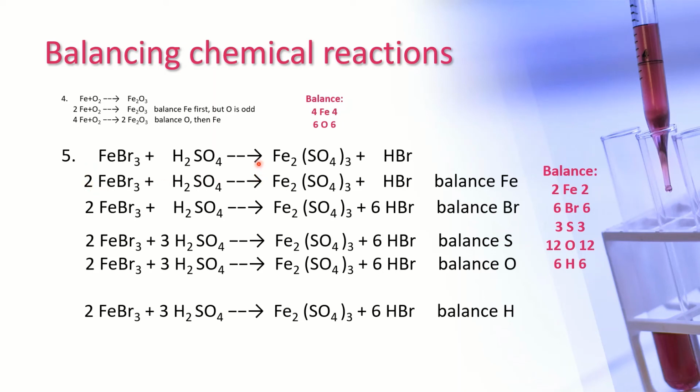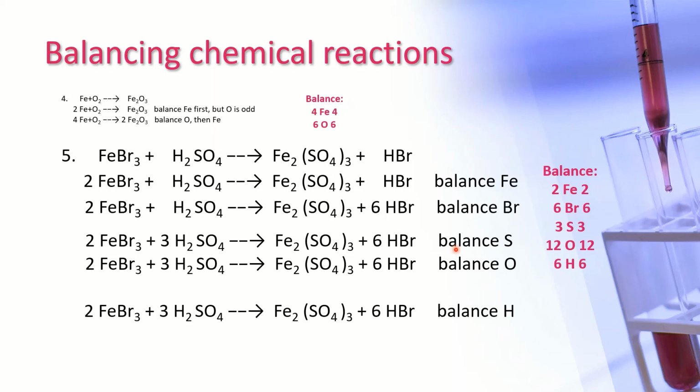In this chemical reaction, there are 2 iron atoms at the right and 1 at the left. So you have to write coefficient 2 before ferric bromide to balance iron. By adding coefficient 2 before ferric bromide, you also made bromine atoms 6. 2 times 3 is 6. To balance bromine, you have to add 6 here to balance the number of bromine on both sides.